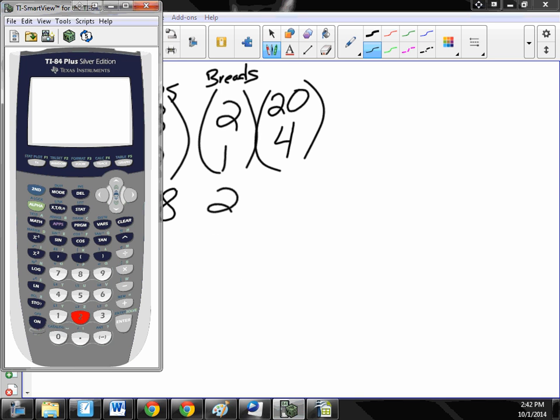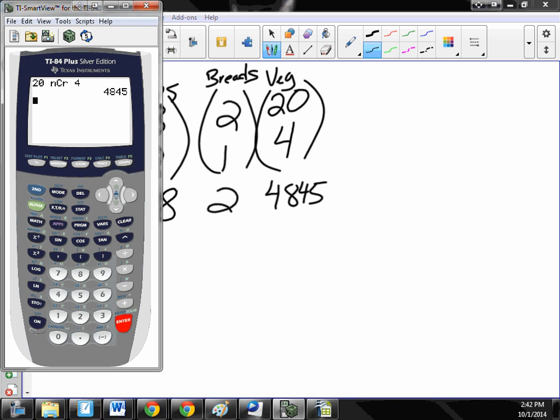I type in 20. Where do I find the nCr button? Go to math and over to probability, number 3. So just the veggies, there were 4,845 ways to order just the veggies.